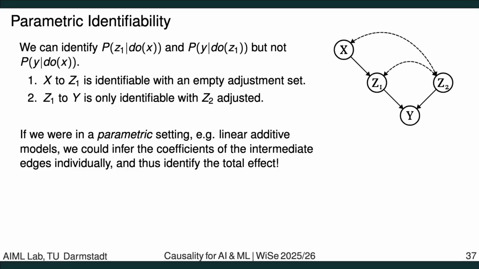There will always be some vector path that is open via this variable because they are both confounded here. Because we don't make any assumptions on the relation between these variables, if we are looking at the total effect of x on y, this Z1 might introduce some weird behavior, some non-linearities or whatever, that we didn't see when we only look at these individual paths separately. So that's the intuition here.